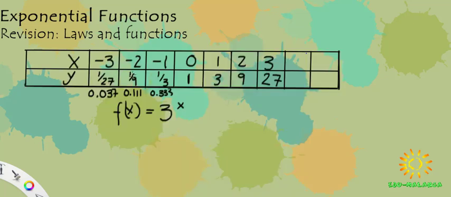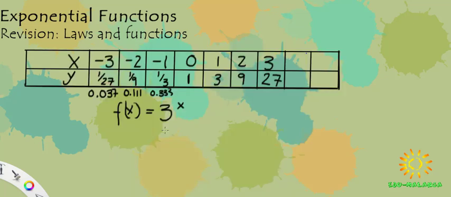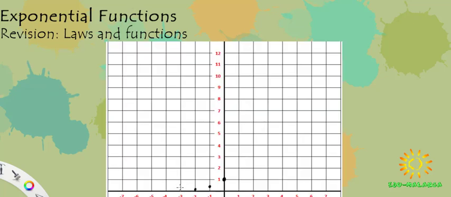When x is negative 2, you have 0.111, which is even smaller. Okay, that may be about even there. And when x is negative 3, you have 0.037, which is also much smaller. Round about there.